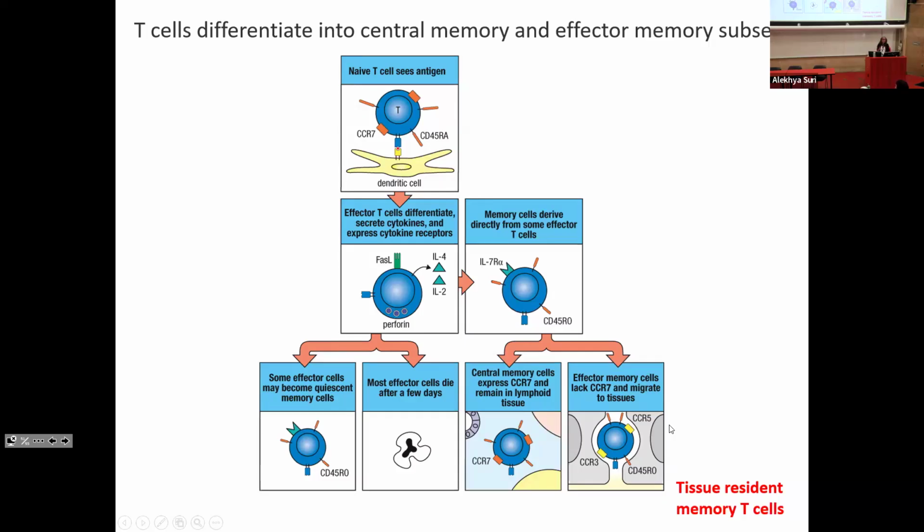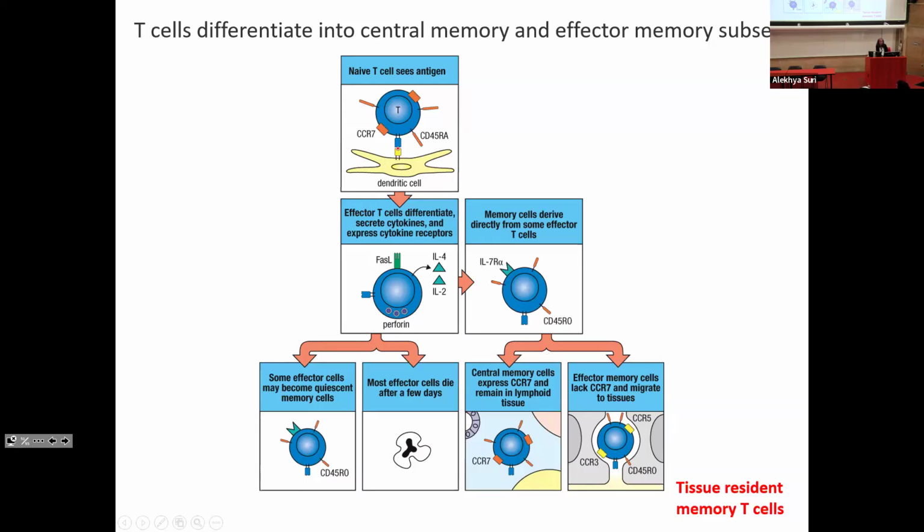A lot of memory T cells will be in circulation, but there is a subset of memory T cells that will actually go back to the lungs and reside in the lungs. So again, if there is a second exposure, then they can act very rapidly. So these are cells that reside at the site where the infection was initiated.